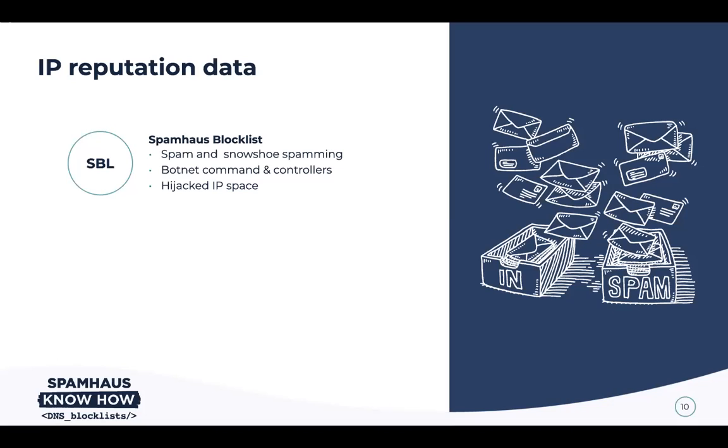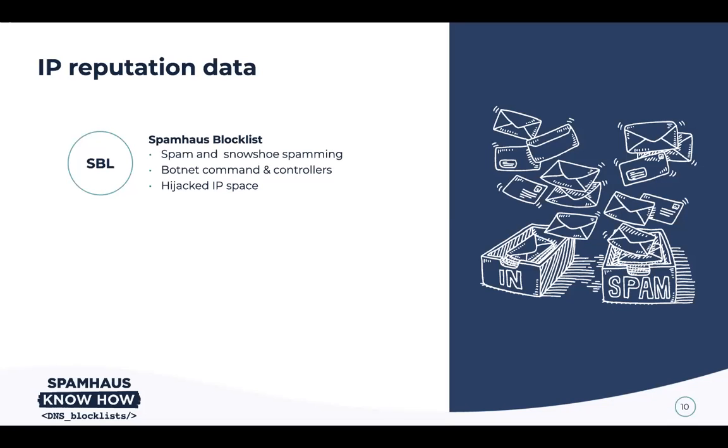This is not necessarily the case for the SBL at large, meaning that the manual component was thought to be extremely flexible. It allows us to list SMTP emission as well as botnet command and control, for example. So there is that difference, and this has some implication that we may discuss later or maybe not.